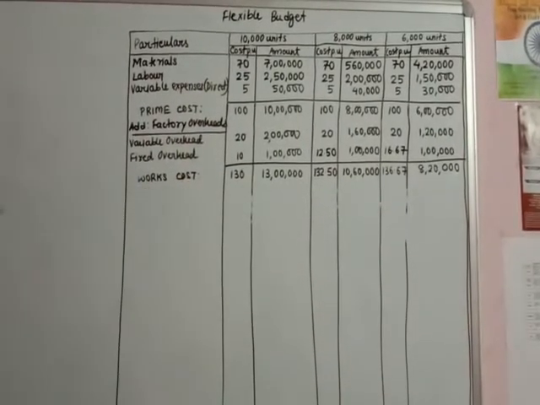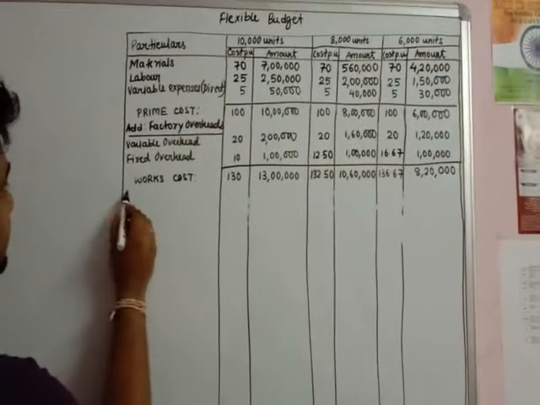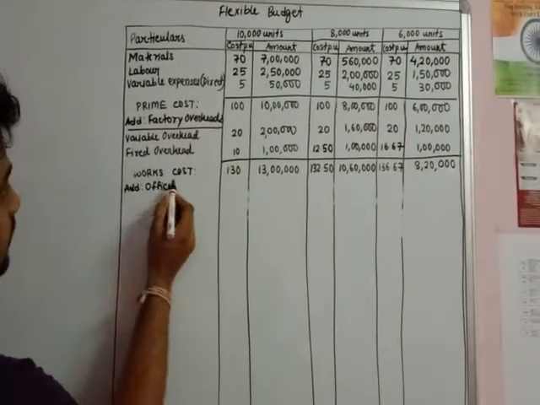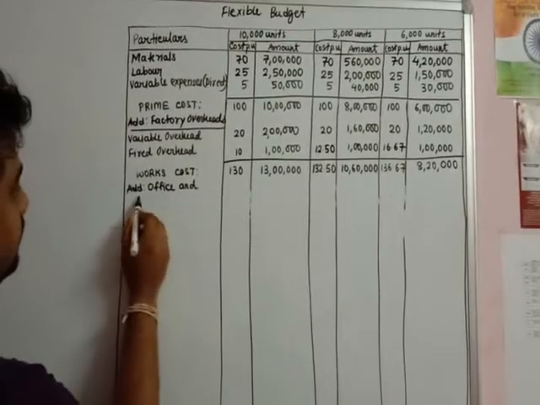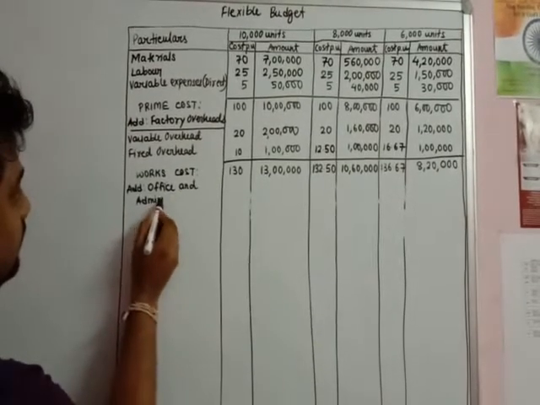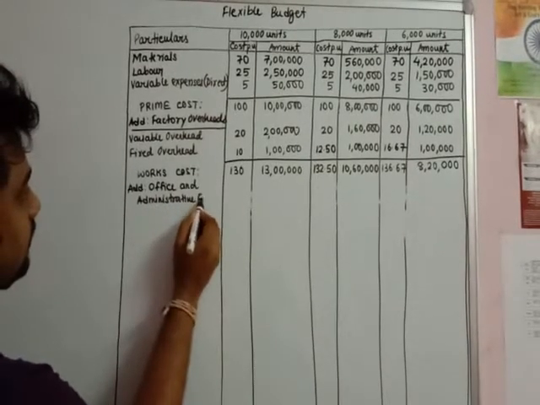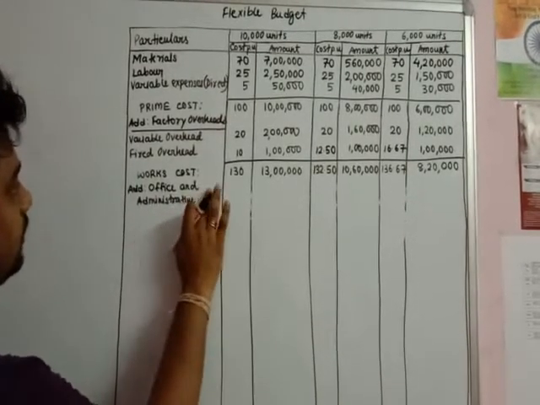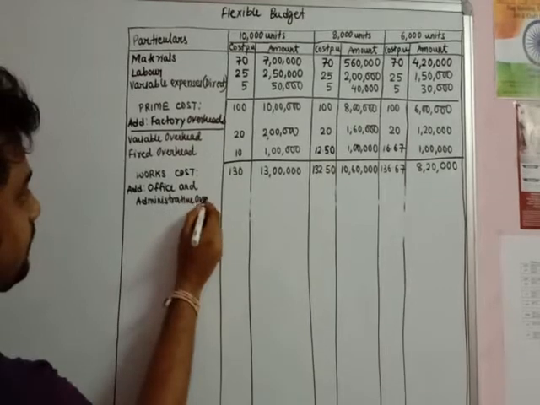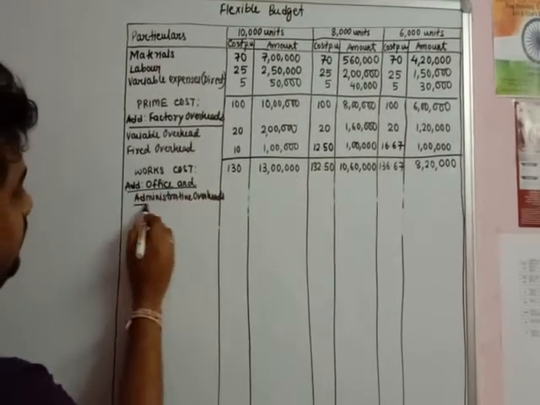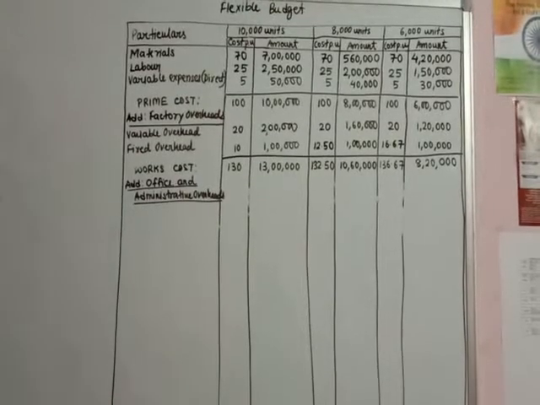With the works cost, you add the office and administrative expenses or overheads. Now look at the question. Do you have any office or administrative expenses?